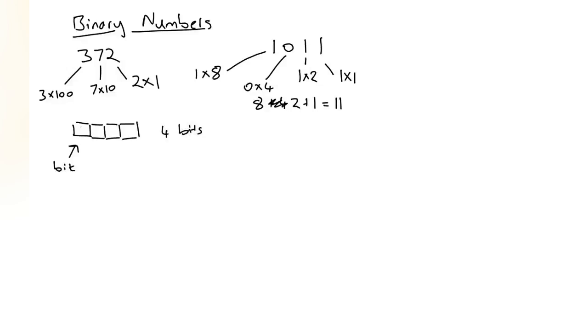And to represent this number 1011, which is 11 in decimal, we could switch each bit on or off. Each bit has 2 possible states, which we could call on or off, or we could represent it with 0 or 1. It doesn't matter really what we call it. So we could say this is on, this is off, this is on, this is on, and then we've represented the number 1011 in binary, which is 11. Hopefully I haven't lost you so far.